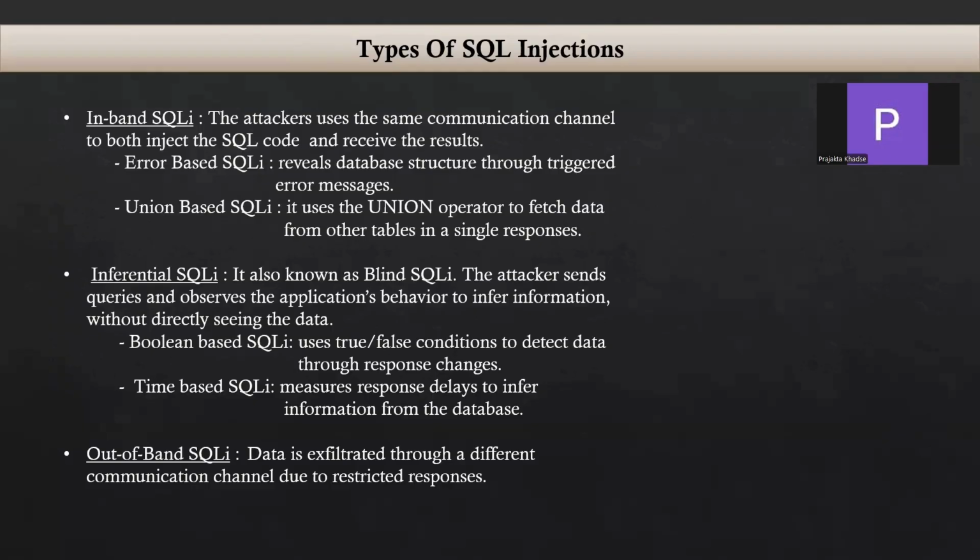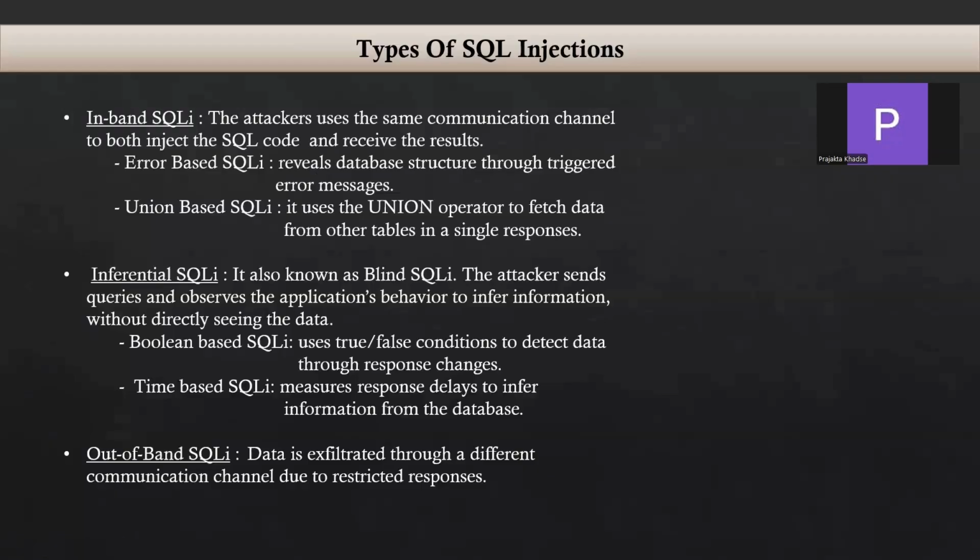There are two main kinds. Error-based SQL injection, where the attacker triggers a database error that reveals structure details. Second is union-based SQL injection, where they use the UNION operator to combine data from multiple tables and get it all in one response.